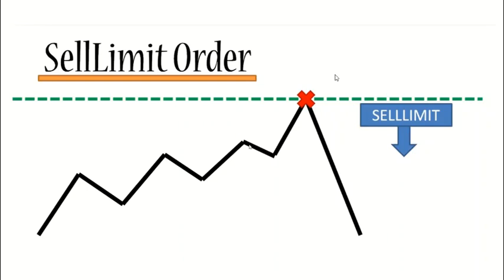So also in this case, when you know you're not going to be in the market, or you won't have time to look at your chart, or you're afraid that you might miss that opportunity, you just execute a pending order, a sell limit or buy limit. Whatever type of pending order you want, you just execute that order and leave it be. And when the market hits that certain area while you're not at the chart, that order will be automatically executed.